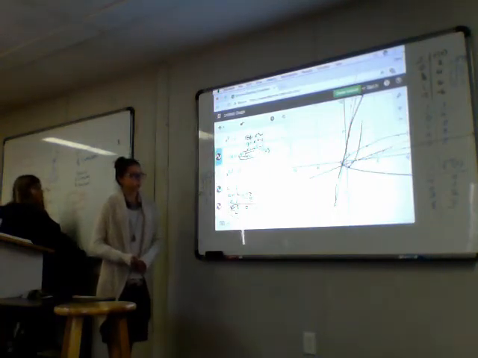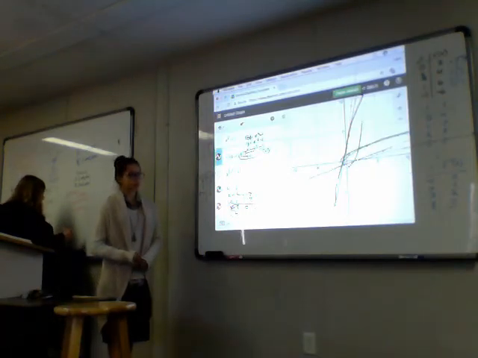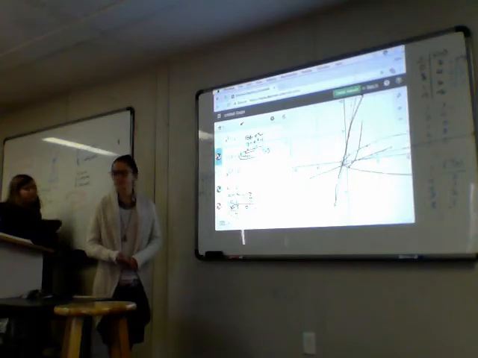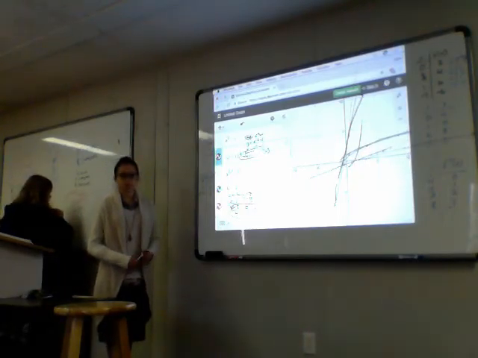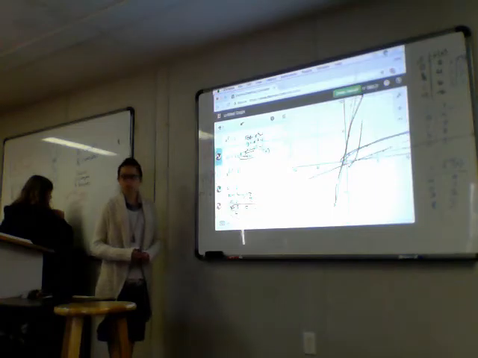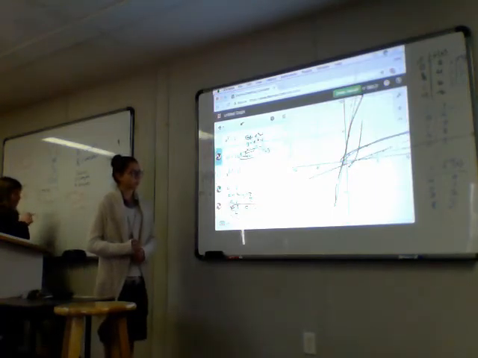No. It's not a function, is it? It fails the vertical line test. So we restricted the domain of the original one and said we're only going to let x be positive. And when we did the inverse, what did we end up with? We ended up with just the purple line that we have right there.